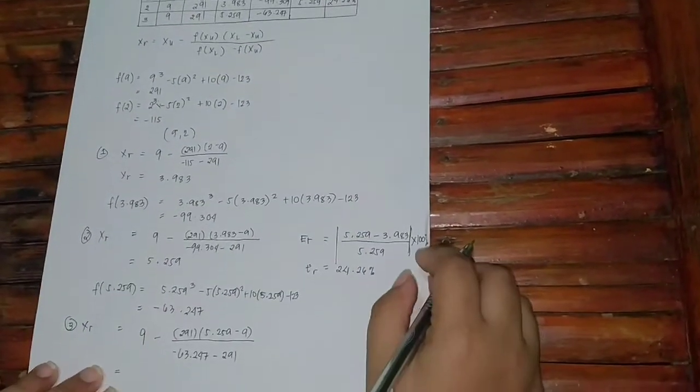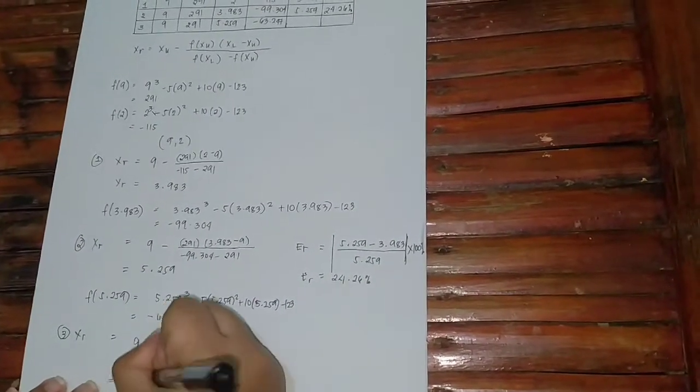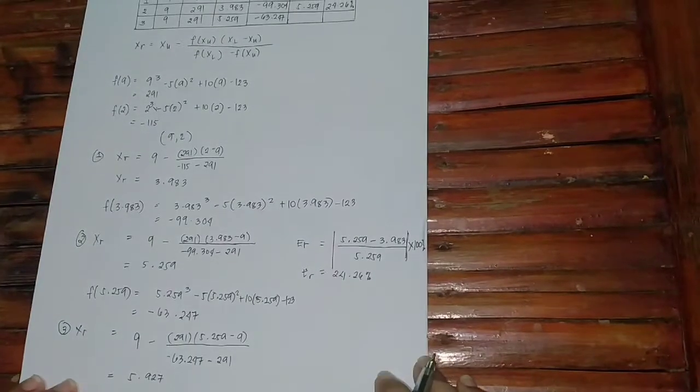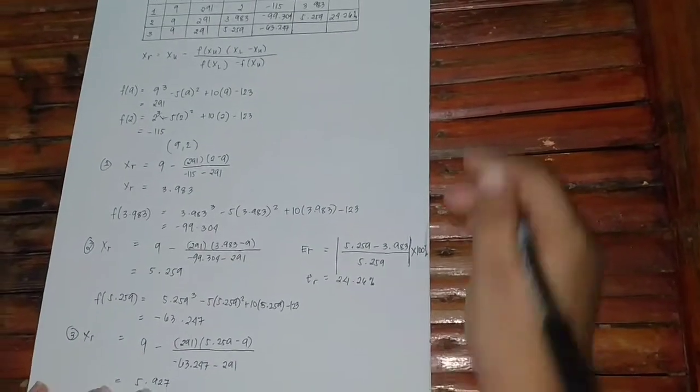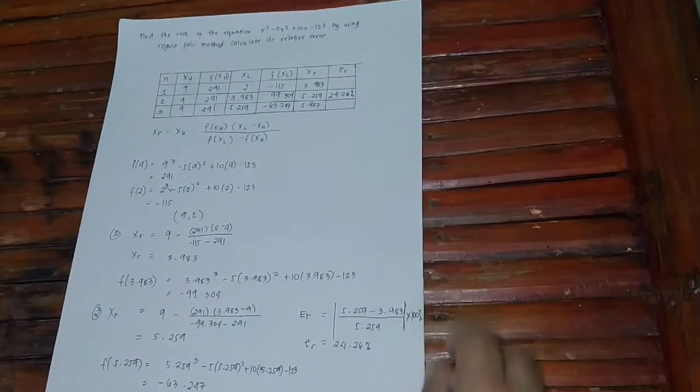This will give us 5.927 as calculated. So here we put 5.927.